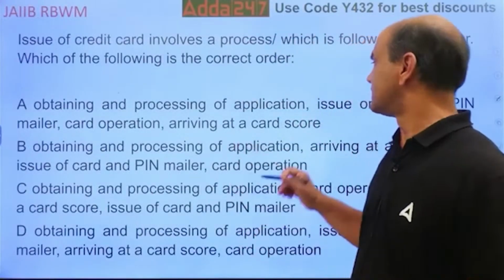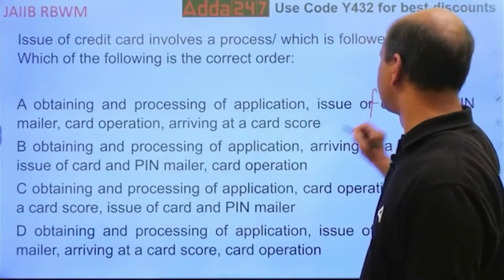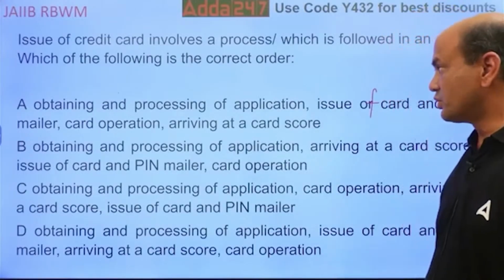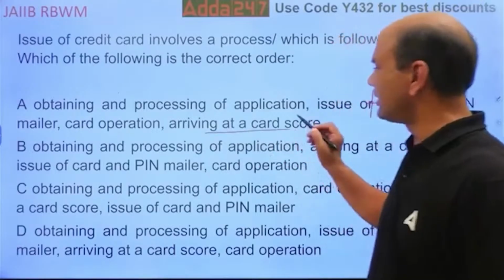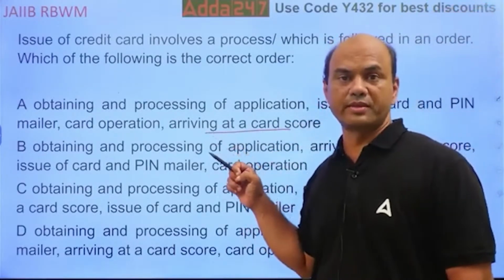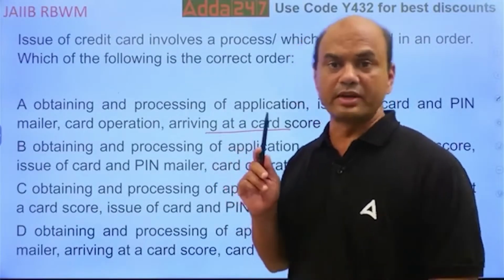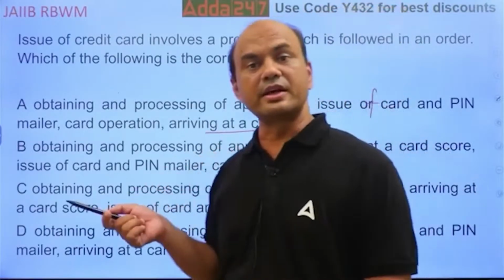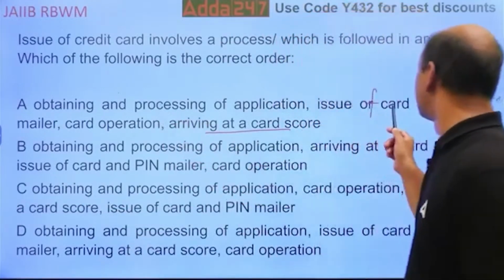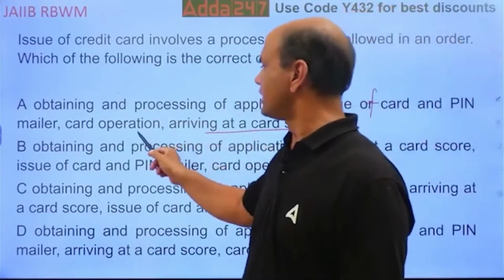Look at this. So, do we arrive at a credit score at the end? See, the sequence should be in the 1, 2, 3, 4 format. 1 I should do at the first, 4 I should do at the last.